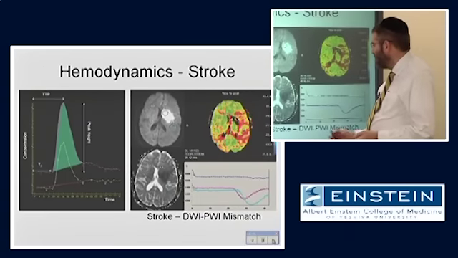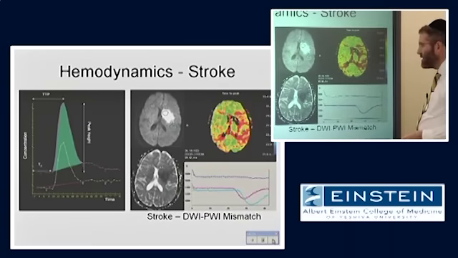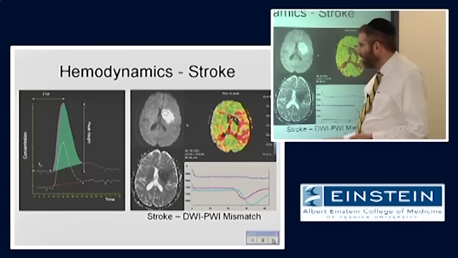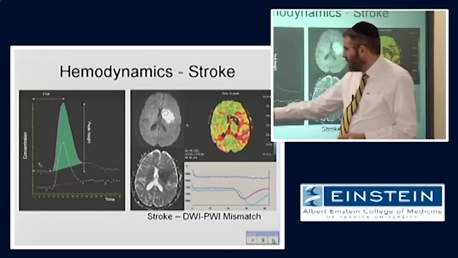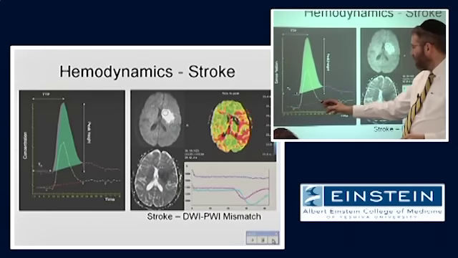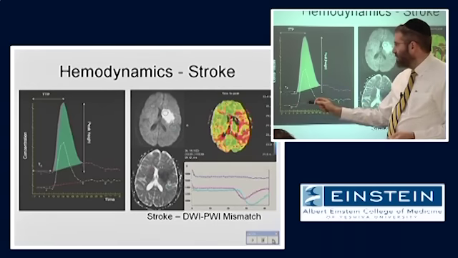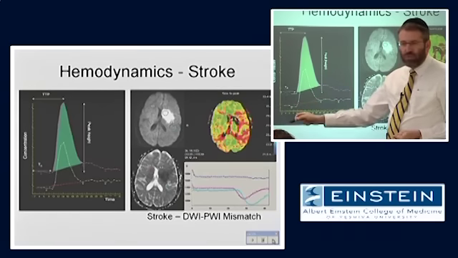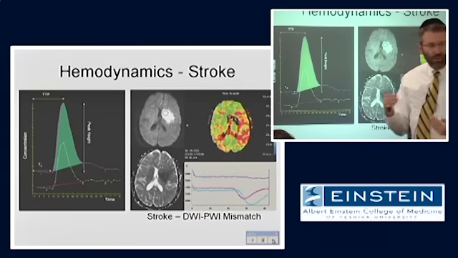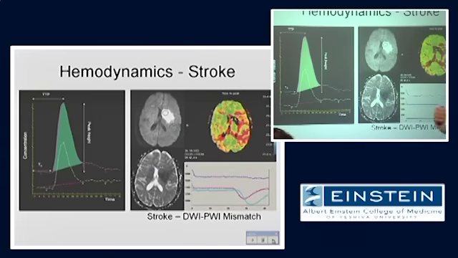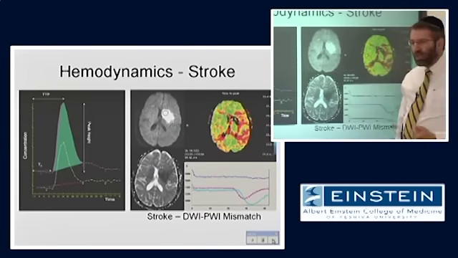Okay, so here, I'll just give you 2 different examples. First of all, on the left, what I'm showing you are those time intensity curves, which have been transformed into a time concentration curve. It's the same thing. The signal intensity changes in proportion to the local contrast.